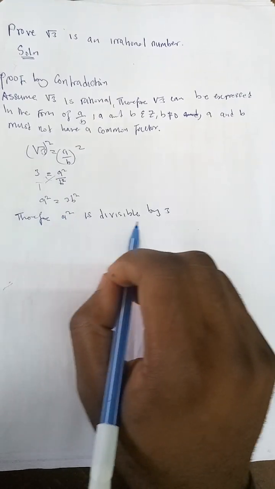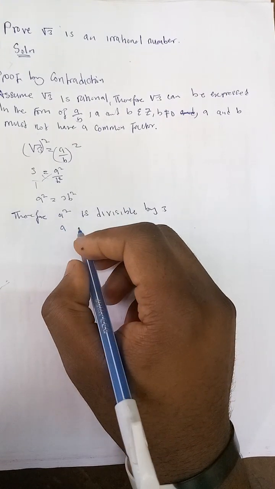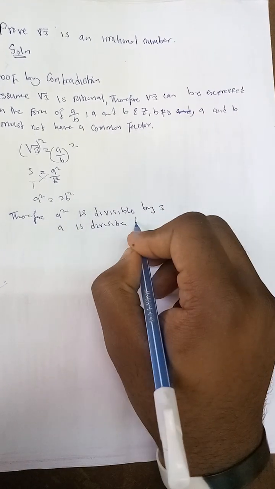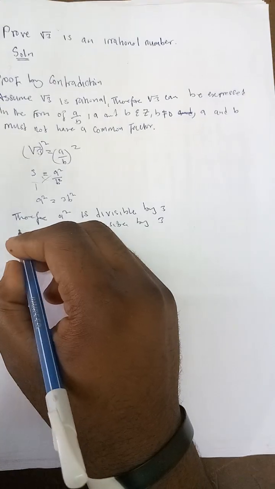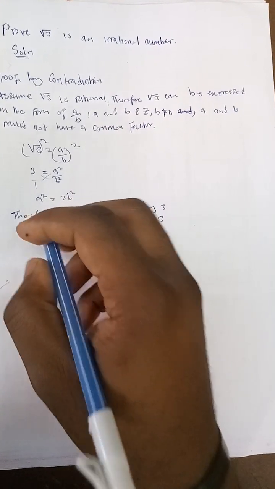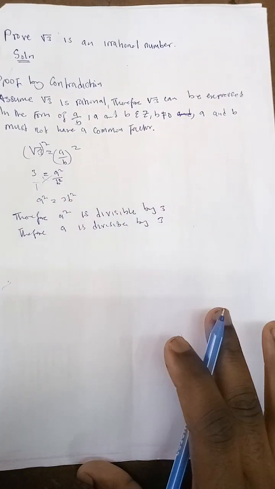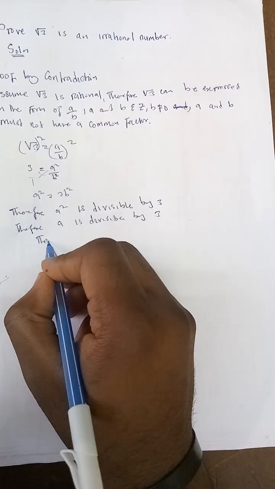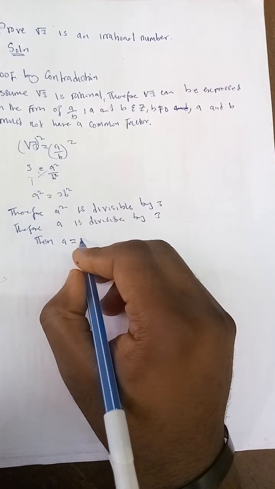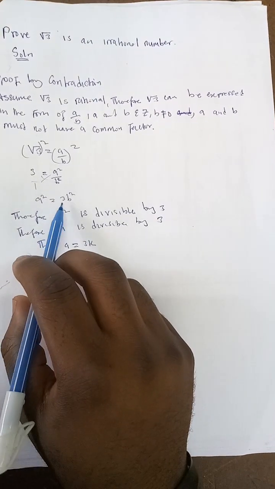If a squared is divisible by 3, then a itself is divisible by 3. Therefore, after writing this, a can be equal to 3k. You just take this and replace.